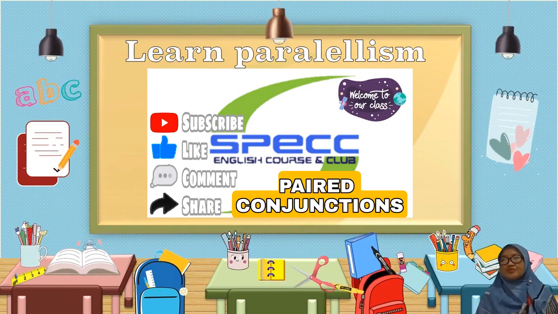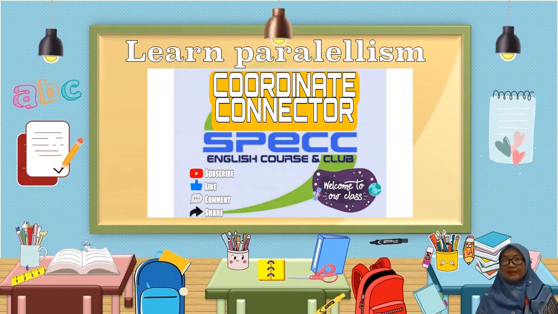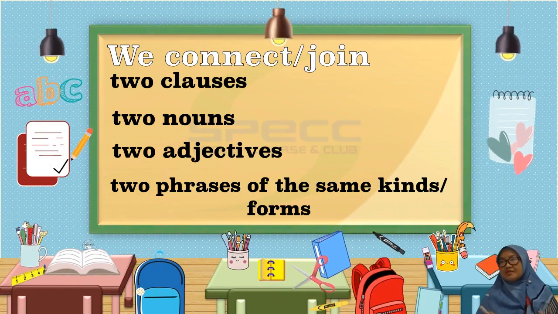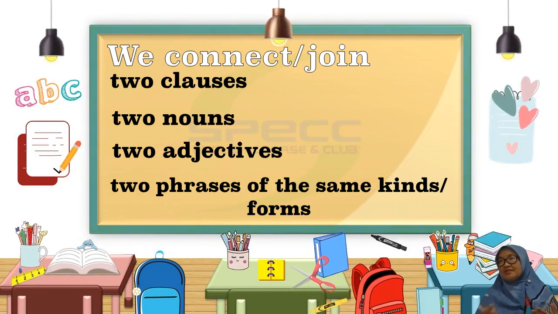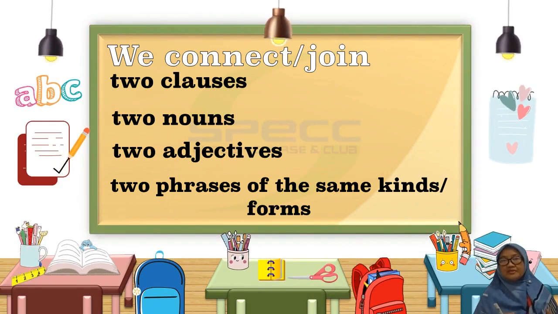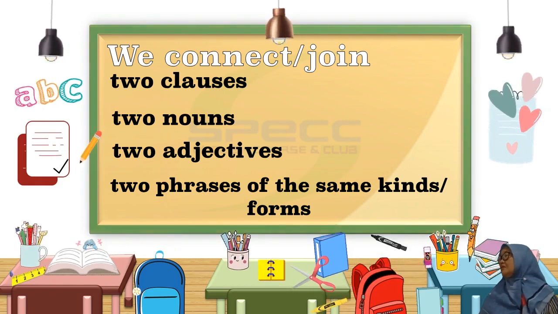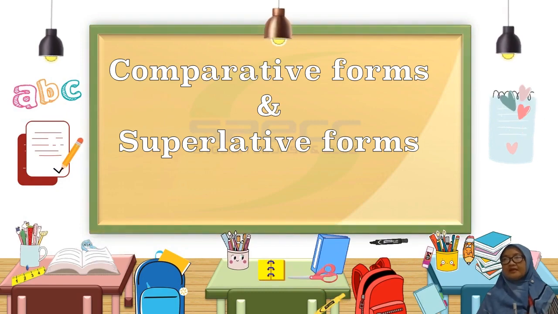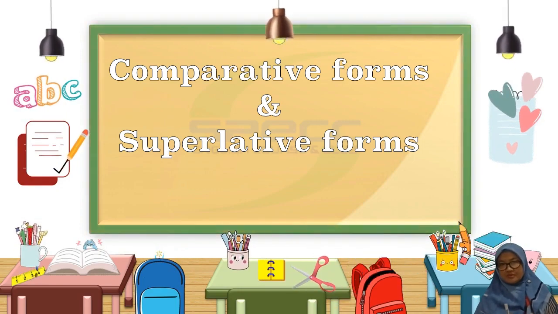In those topics, we actually also learned parallelism. So we connect or join two clauses, two nouns, two adjectives, two phrases of the same kinds or of the same forms. Now we'll focus on the comparative forms and superlative forms.